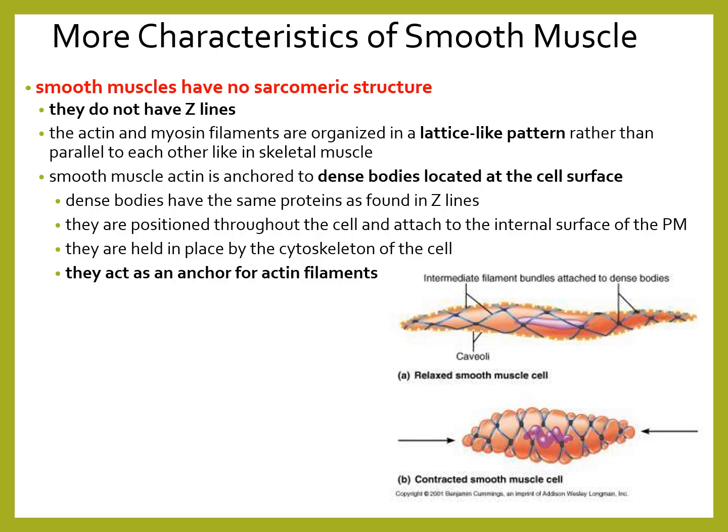The actin filaments attach to the sarcolemma through something called a dense body. And then the actin filaments will form a 3-dimensional network, and then the myosin filaments will form a 3-dimensional network in among them. Now, these dense bodies have the same proteins as Z lines, but they are just not found as parallel lines with the sarcomere in between.